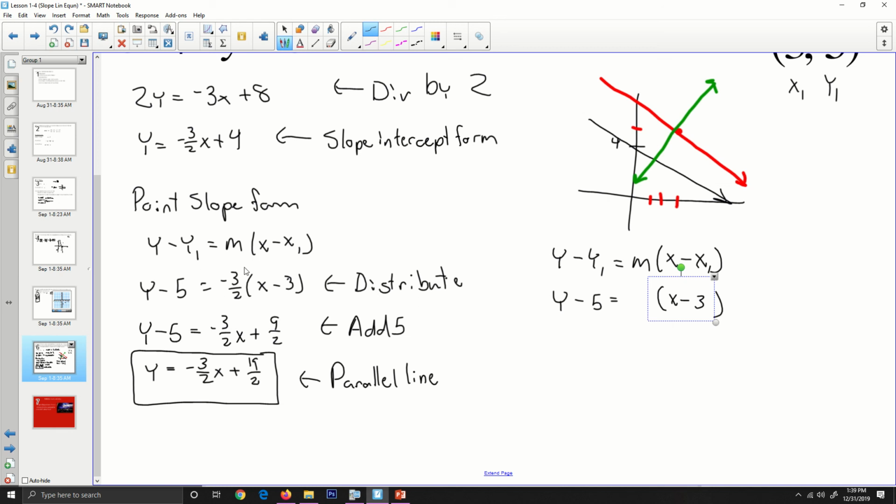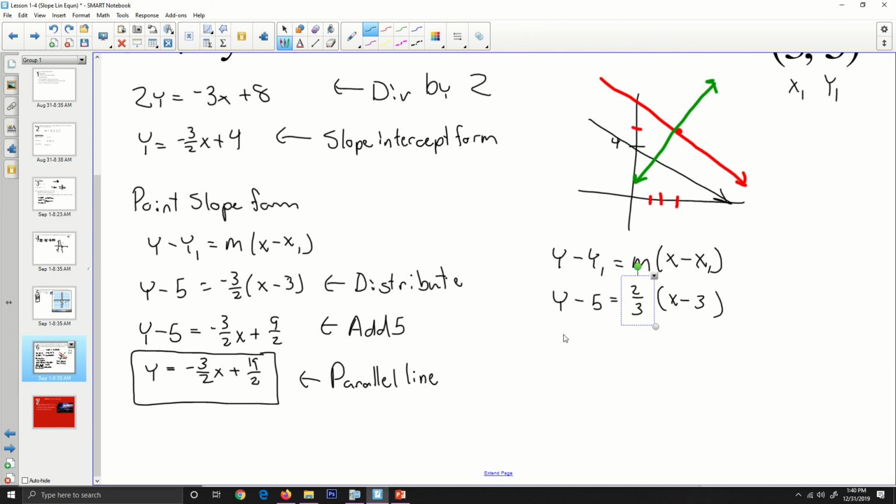But we want to get the perpendicular slope, so we need the negative reciprocal of that. So the reciprocal of 3/2 is going to be 2/3. And because it's negative, we're going to make it negative again. So a negative and a negative is a positive, so we're going to stick with that.